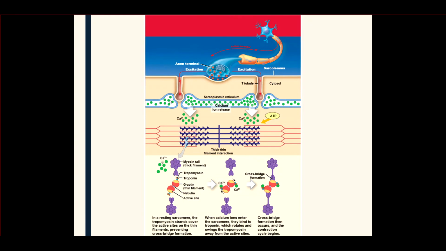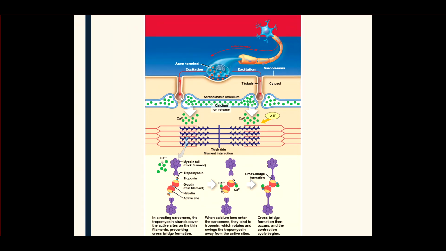This swelling was known as the terminal cisternae. And remember that you had one swelling on one side, another swelling on the other side, and then the T-tubule in between. And we call this area a triad. I think the analogy I used was like an Oreo cookie, right? This was like one piece of the cookie here, another piece of the cookie here, and then the cream in the middle was this.